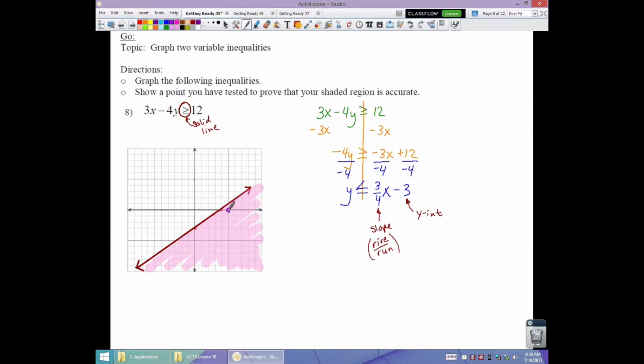But maybe this one right here, 1, 2, 3, 4, that point is 5, 0. So if I check 5, 0 over here, 3 times 5 minus 4 times 0 greater than or equal to 12. So 3 times 5 is 15 minus 0 greater than or equal to 12, leaving me 15 greater than or equal to 12, which is true. So that means I did shade the correct side of the line.